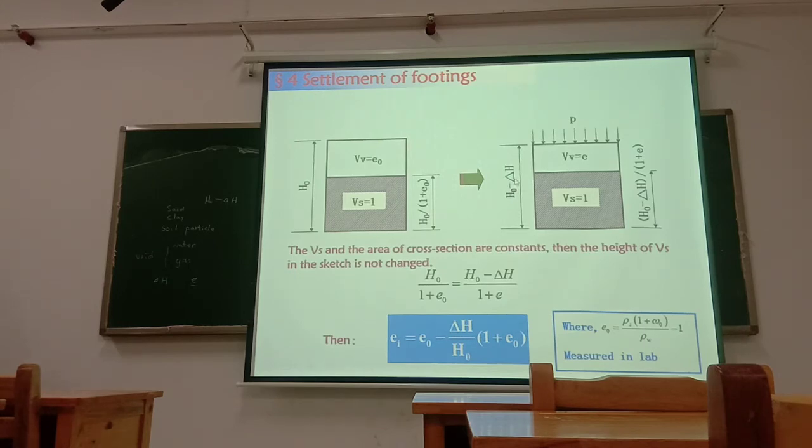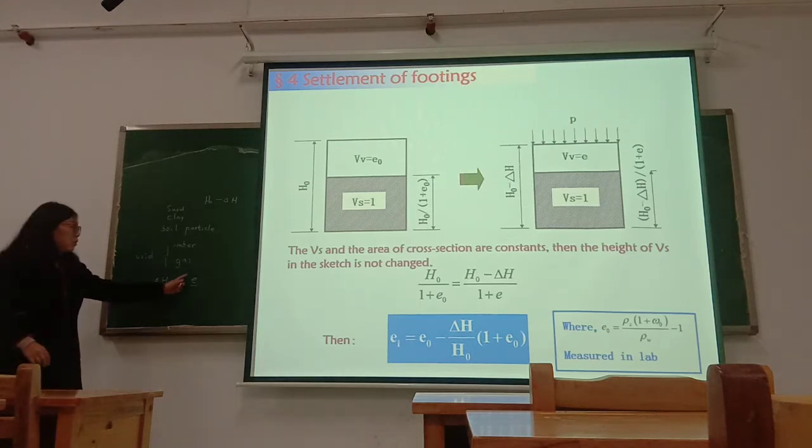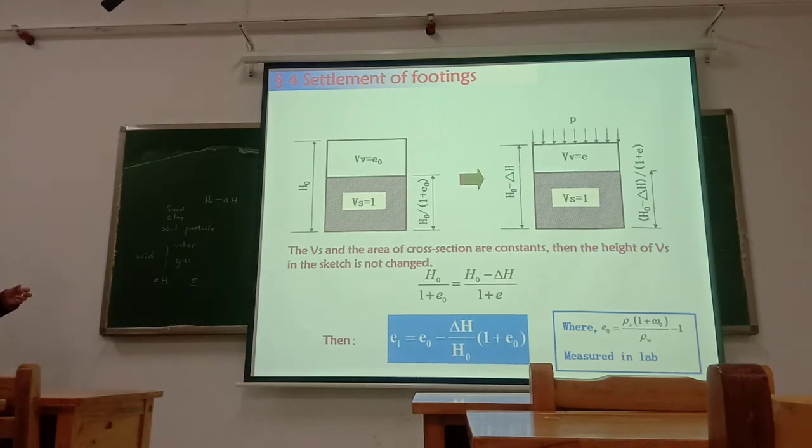Okay, that's the height after compression. And in this condition, the void ratio changes. Maybe the void ratio decreases due to the compression. After compression, the void ratio will be e, and Vs uses 1 unit.